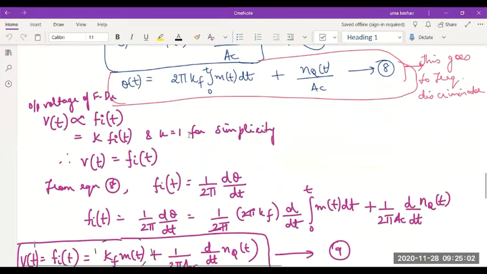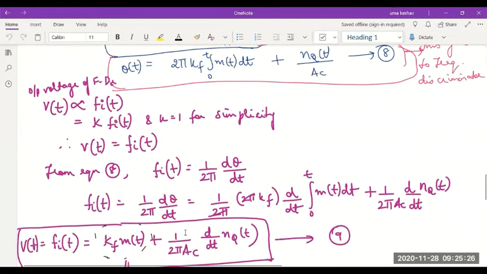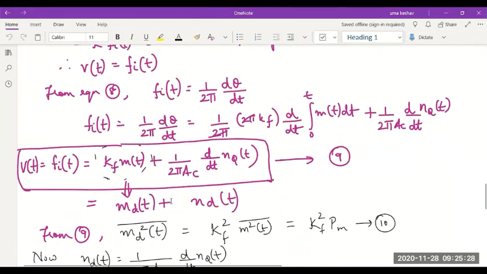And we know when this signal is fed through a frequency discriminator, the output voltage of the discriminator is proportional to input frequency. So I should first get the input frequency from this angle. We are trying to find the frequency from the angle by using the relation 1 by 2 pi d theta by dt. Okay. And when we do that, our equation simplifies to this form.